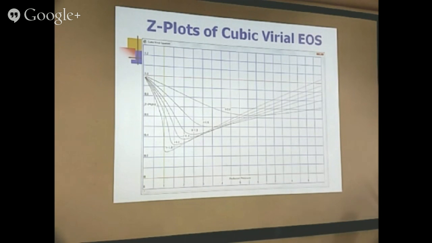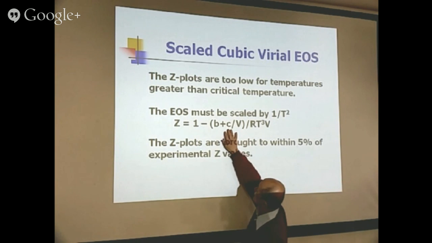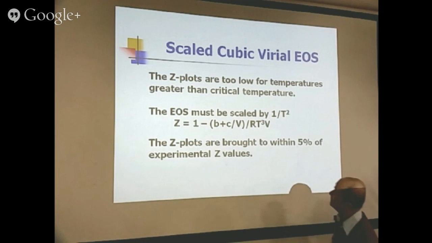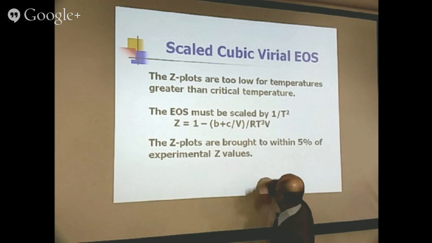The trend is there. So what you need to do is modify this equation to make it fit the data. I need to correct or scale these two terms by T squared. Because it already has an RT in it, it becomes T cubed.